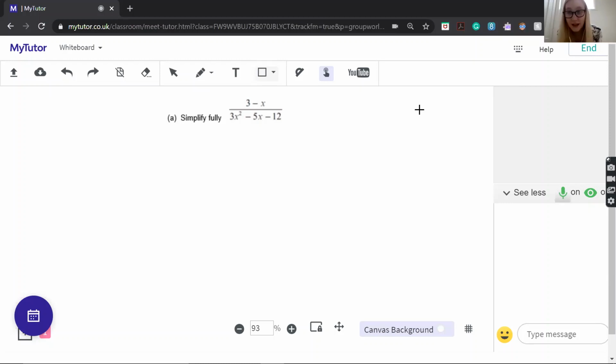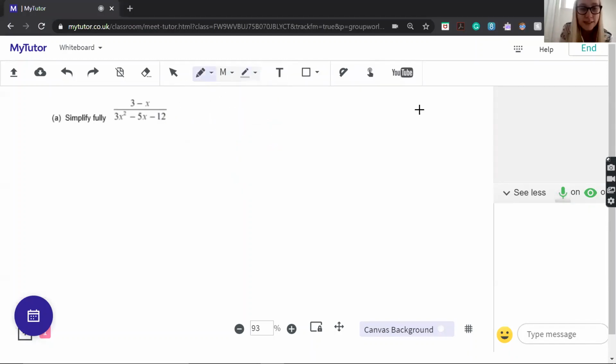So let's go ahead and do that. A lot of the time when you're doing papers, they're written in a way to try to help you. So we're not just going to straight up try to factorise this. We know that if they want us to simplify it, one of the factors must be 3 minus x. Well, 3 minus x is the same as, let me write this out, the negative version of x minus 3. Don't worry if you're not following this, it should make sense at the end.